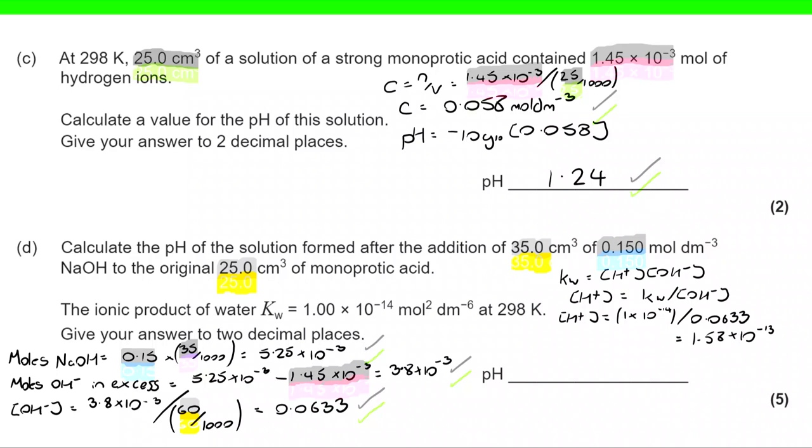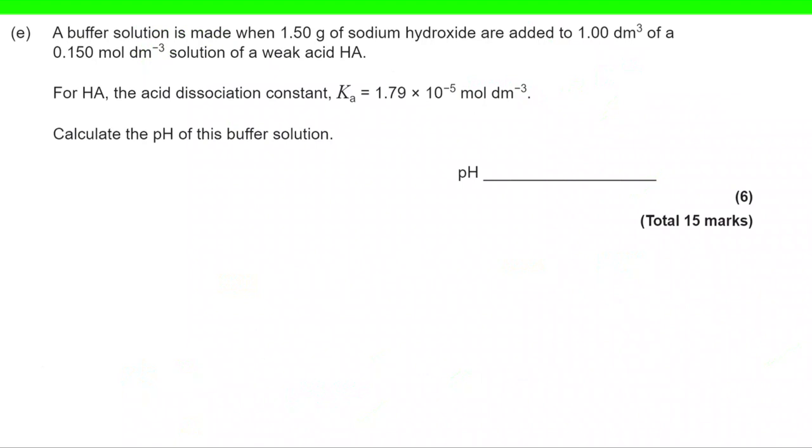I can then substitute that in to my pH expression, giving me a pH of 12.80. And I ask myself, is that a reasonable value? Well, we've got an excess of strong base, so I'd expect my pH to be above 7. That seems reasonable.